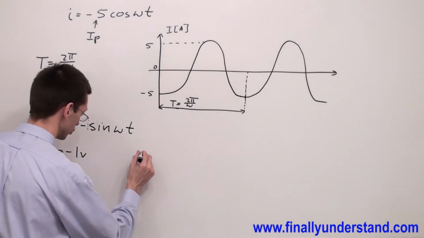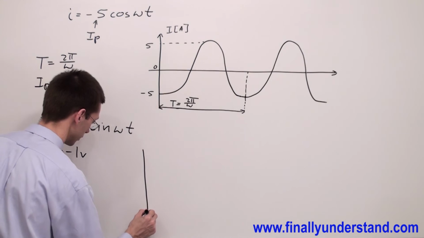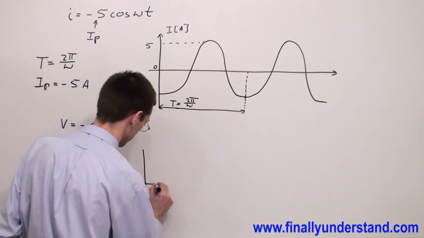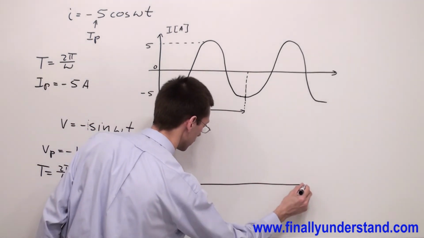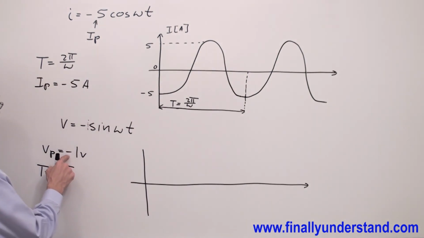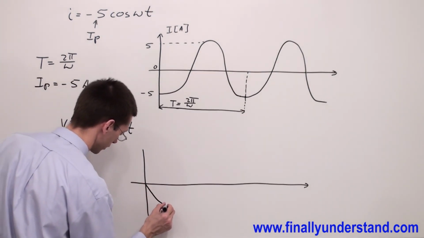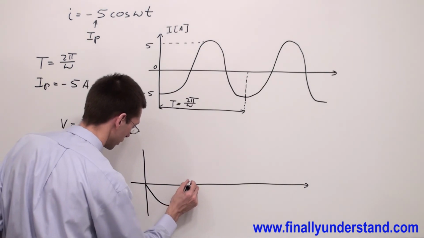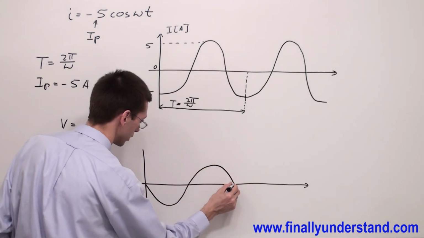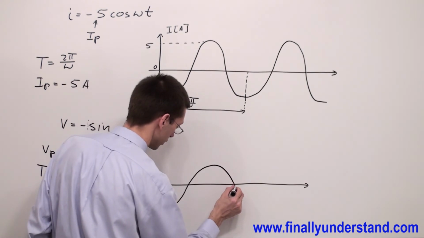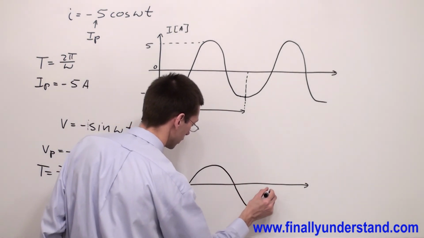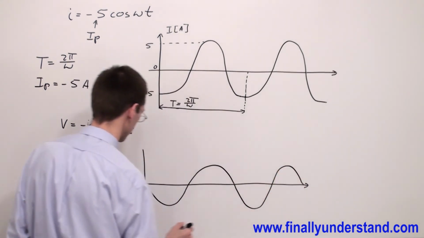Now I can draw the sine wave. Because my voltage is negative, I'm going to start from the bottom. This is one cycle. This is the second cycle.